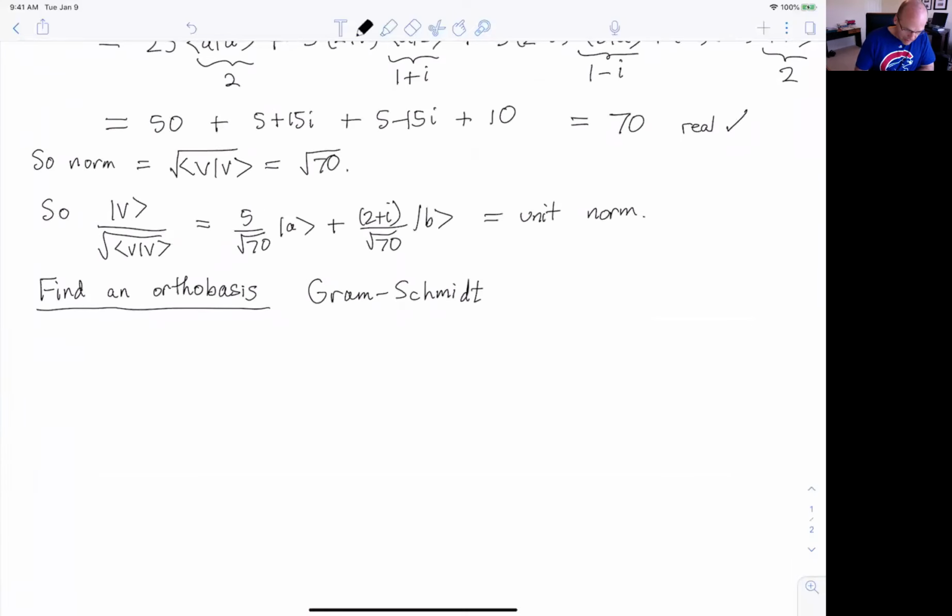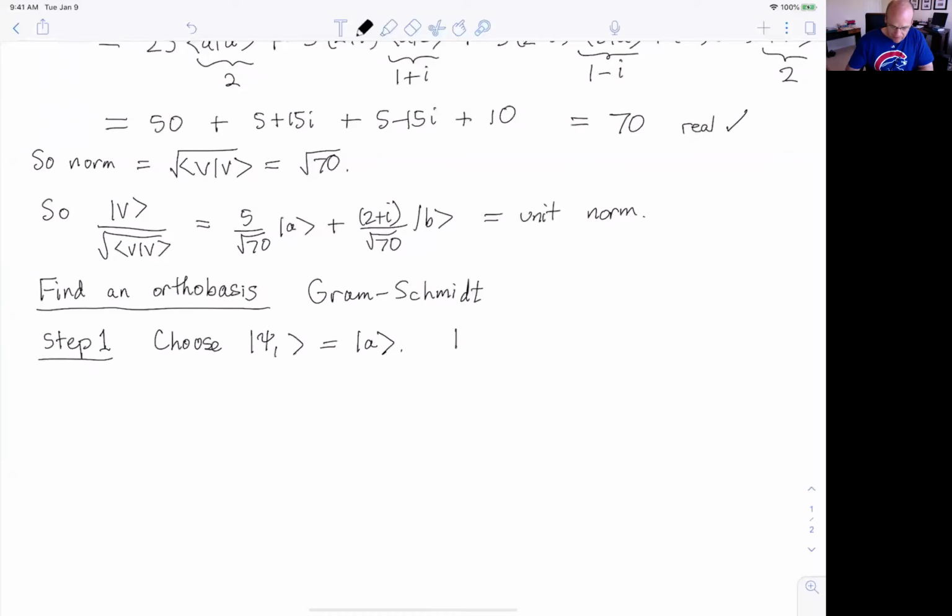Okay, so if you refer back to it, step 1 of Gram-Schmidt is to just choose any one of the basis vectors as your first one. And so we're going to choose A. Why not? We're going to choose psi1 equal to A. And then if you look at step 1, the one thing you have to do is make sure you renormalize it.